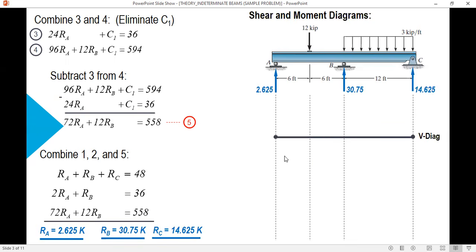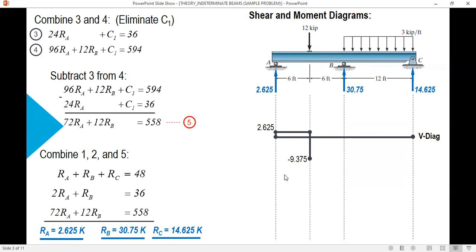So first, the shear diagram. Upward reaction at A, 2.625, and then from A to the 12 kip load, there is no load. So the diagram of the shear is horizontal, and then go down by 12. So 2.625 minus 12.